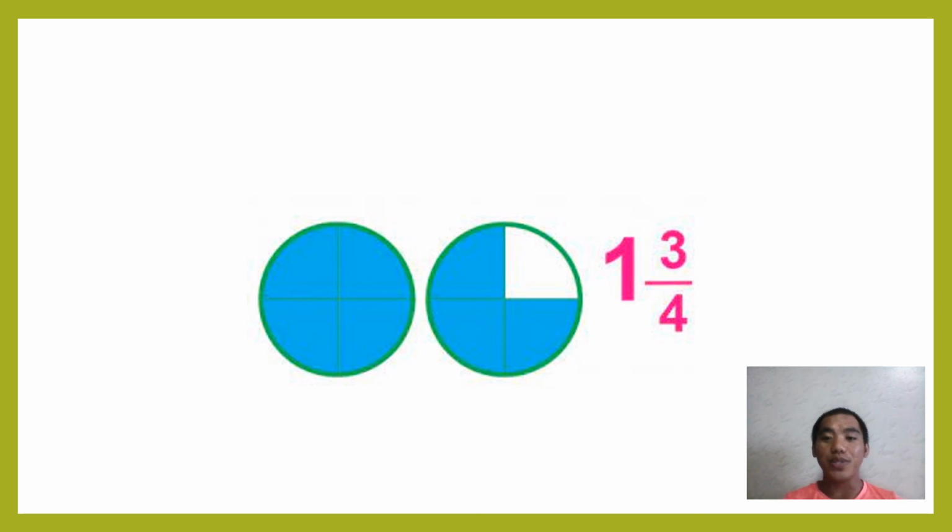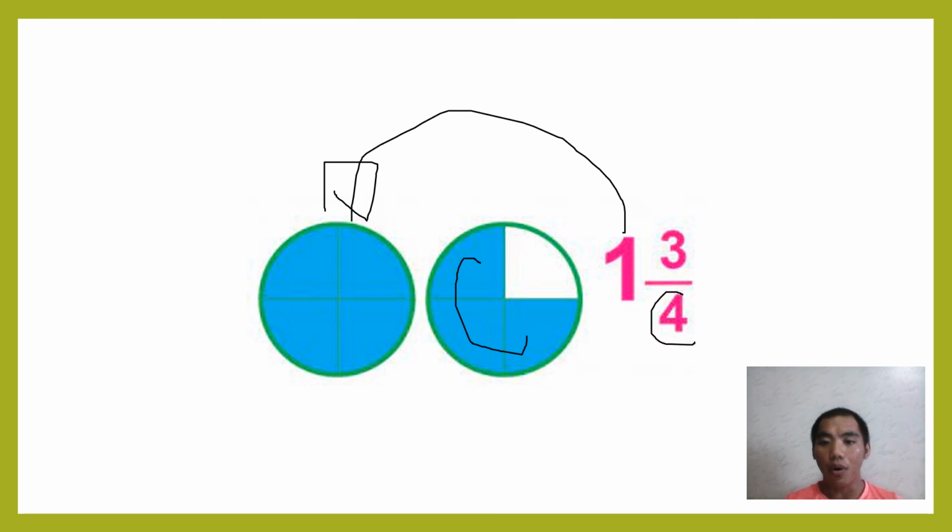If we are going to represent 1 and 3/4 in a diagram, we need to have one whole that represents 1. So we have one circle over there, and 3/4 is being represented by 3 colored columns, and 4 refers to the number of columns in one circle.